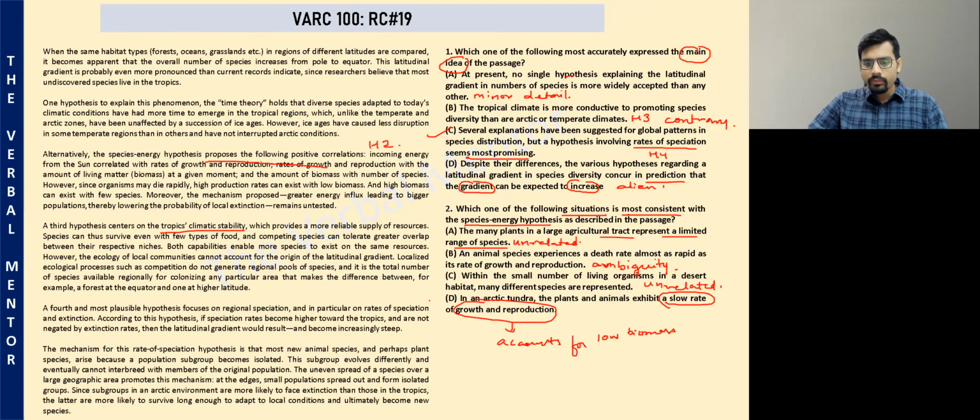So option D is consistent with hypothesis 2, which says that higher growth and reproduction leads to higher biomass in tropical regions and therefore a higher number of species. So option D is consistent. It is corresponding to the same idea. Correct answer, option D.